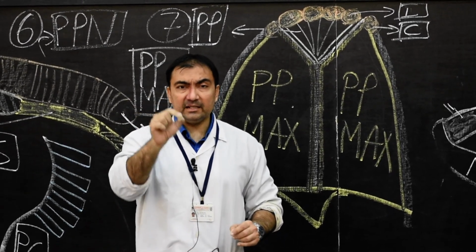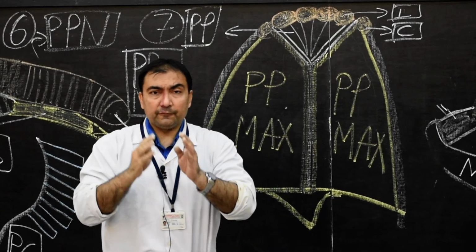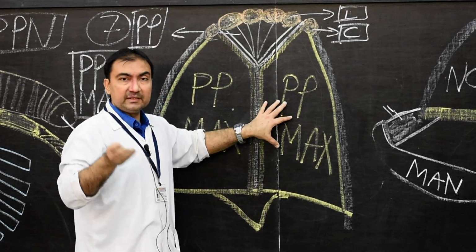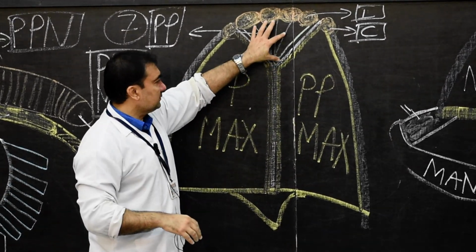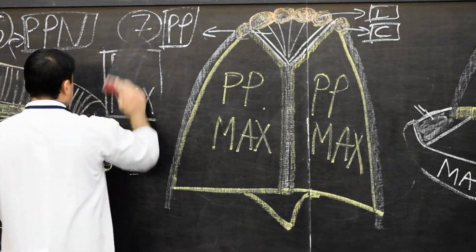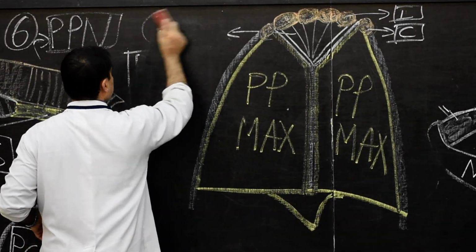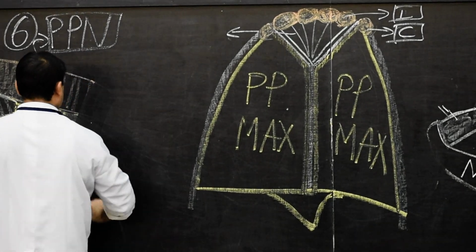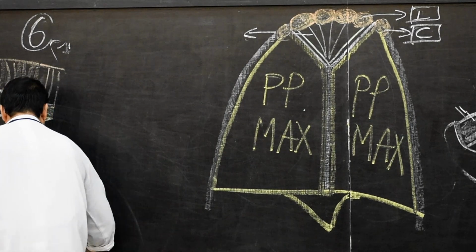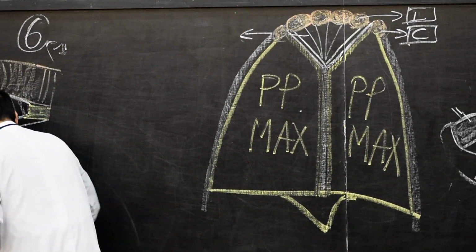Please note down that cleft palate is because of non-union of the two palatine processes of maxilla with each other as well as with the premaxilla. If I show the cleft palate over here, it can be unilateral or bilateral.